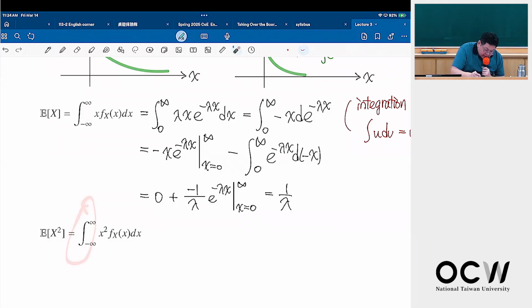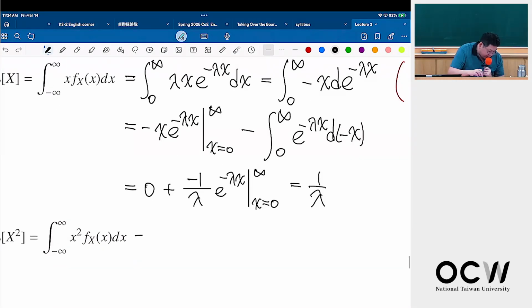Consider all possible function outcomes, let's choose x squared, times their corresponding weightings, which is the PDF. I only have values when x is greater than 0, so from 0 to infinity, x squared lambda e to the minus lambda x dx.